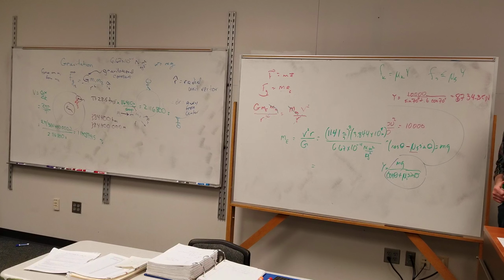That should give us the mass of the Earth, right? That's what I'm hoping. We should be at least within 10%. Let's see if I can not screw this up this time.